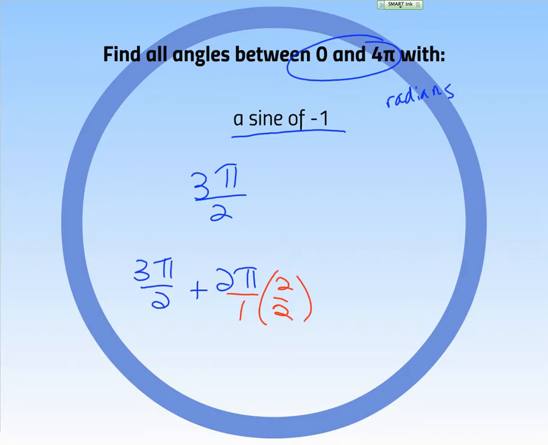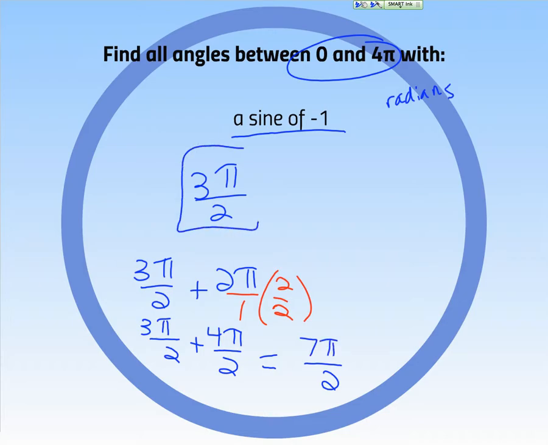So 3 pi over 2 hasn't changed, but 2 times 2 is 4, so I have 4 pi over 2. Now that I've got common denominators, I add up my numerators, so 3 plus 4 is 7. So one angle is 3 pi over 2, another angle is 7 pi over 2.